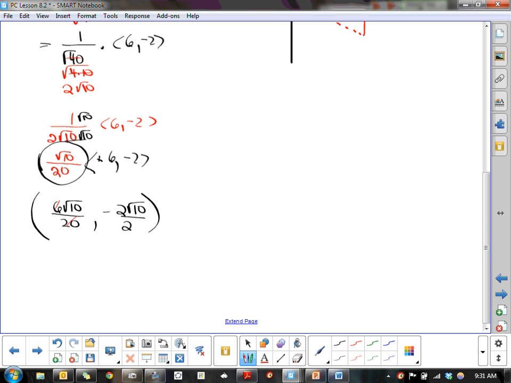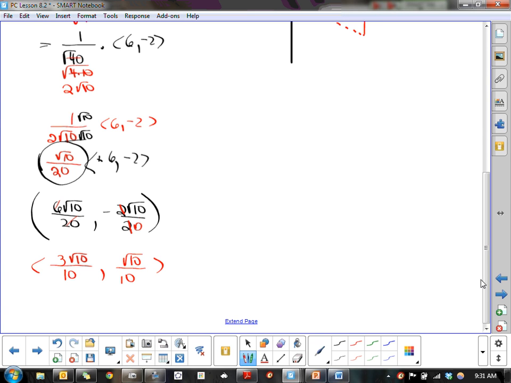It's no longer 6 and 20. We could make it square root of 10 over 10, comma, that should be a 20. Sorry. Square root of 10 over 10.